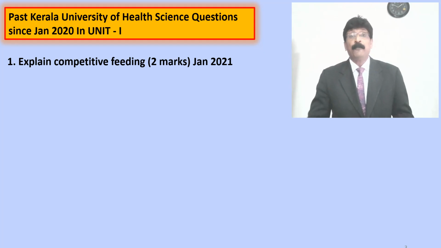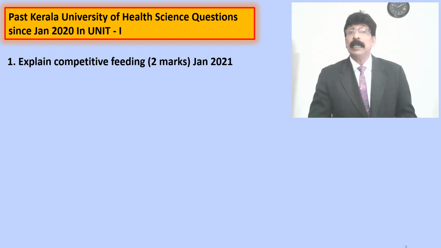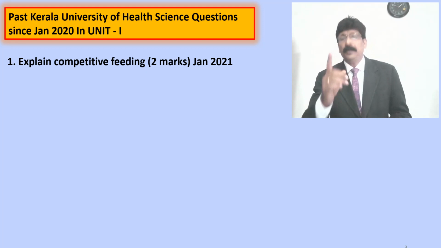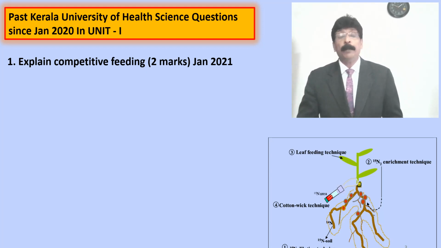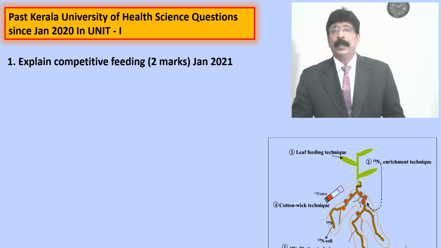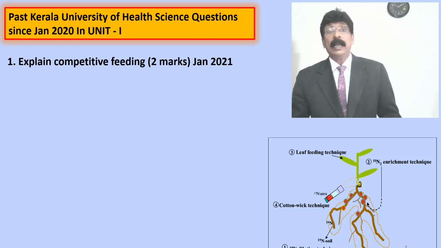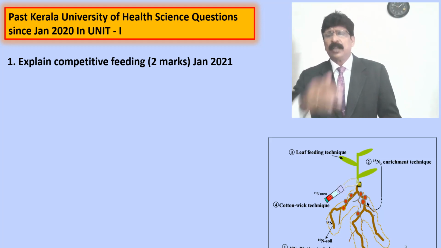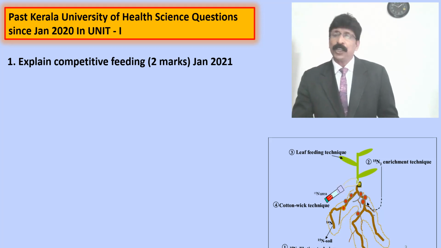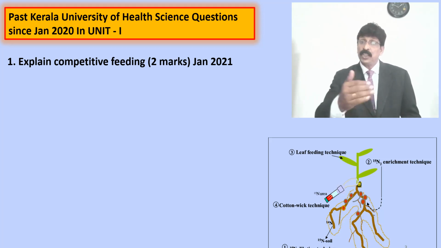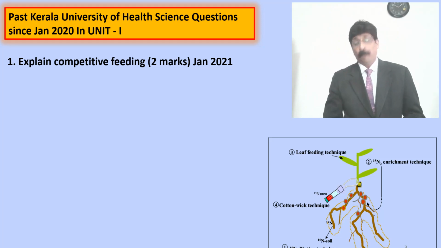The 2-mark question in January 2022: explain competitive feeding technique in tracer technique. We will discuss this. It's an interesting technique to find out the biosynthetic pathways in plants and the structural elucidation of the compound which is responsible for the conversion of the secondary metabolite produced from the primary metabolite.